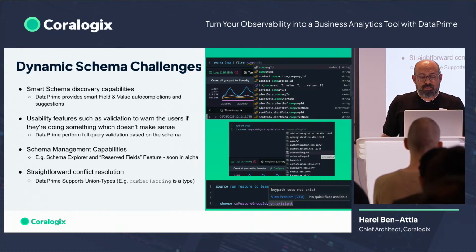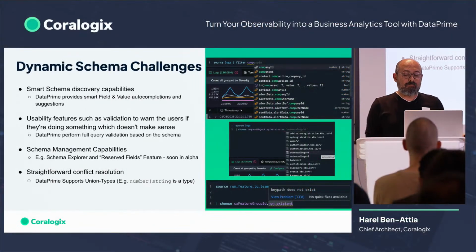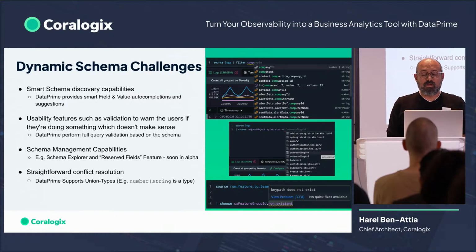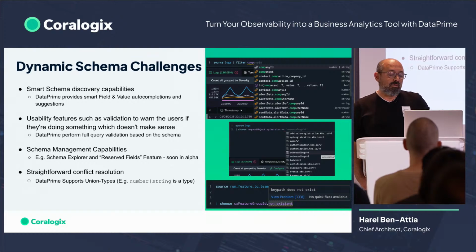The DataPrime schema tracking is a native part of the entire engine. It supports union types, like the type number or string you see in company ID, because the system has actually observed it both as a number at some point and as a string in the relevant time range. By the way, the entire schema is time range driven. So for yesterday it might be a string, and today someone started to send numbers as well, or maybe instead.